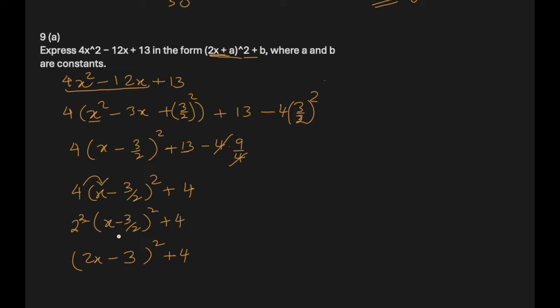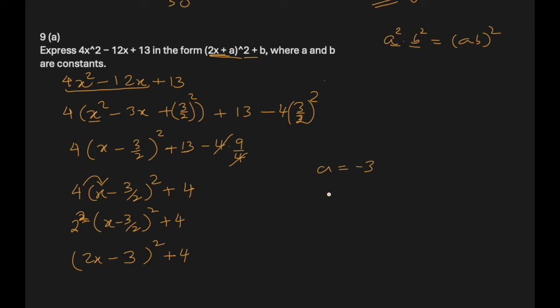Okay, so please keep in mind the rule: a square times b square is ab whole square. That means a and b multiply, and I multiply 2 with these two. That's how I got this. So we got a equal to, and this is plus here, I'm getting minus, so I'll have to write minus 3.